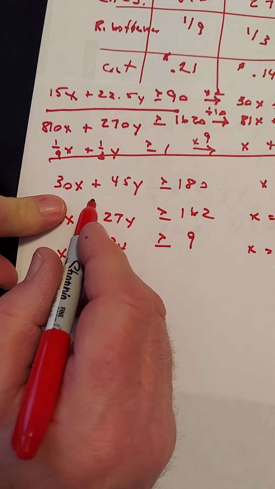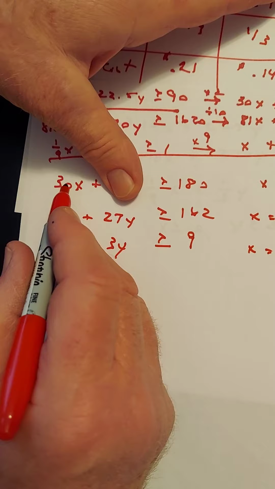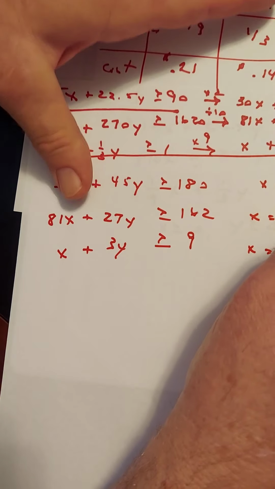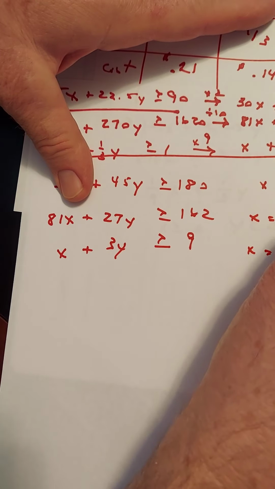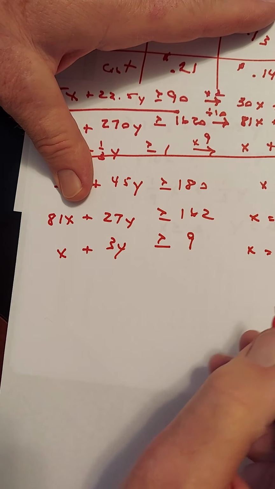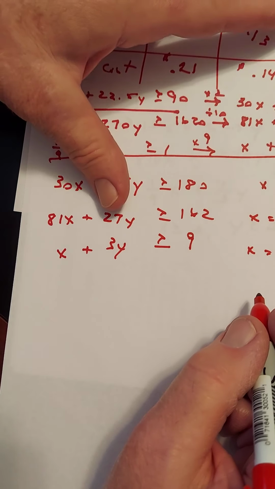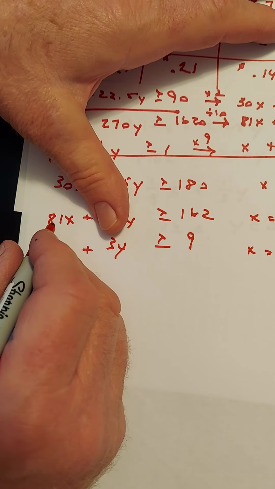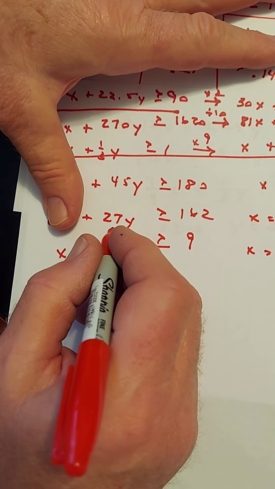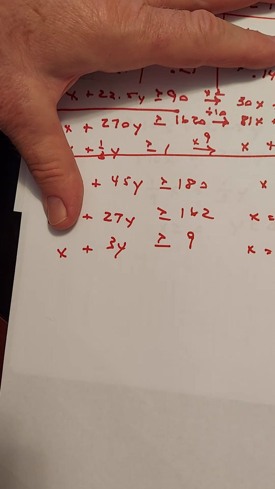The x-intercept here, you got 30x. If I cover that up, x has to be 6. If I did the same thing for the y's, y is going to be 4. Nice numbers. Okay, on this one, if I covered that up, it looks like x is going to be 2 and y is going to be, boy, it'd be real nice if that went in there evenly.